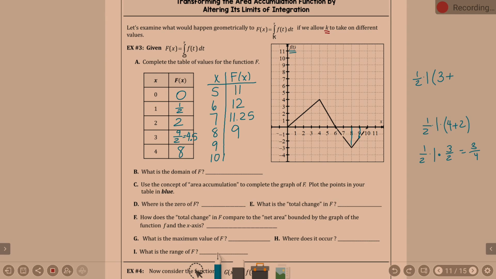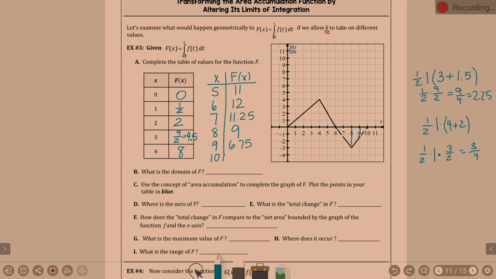Yeah, there's a negative involved. 3 and 1.5 is 4.5. 4.5 is 9/2, times 1/2, so this is 9/4, which is 2.25. So if you subtract 2.25 off from 9, 6.75. Yeah.